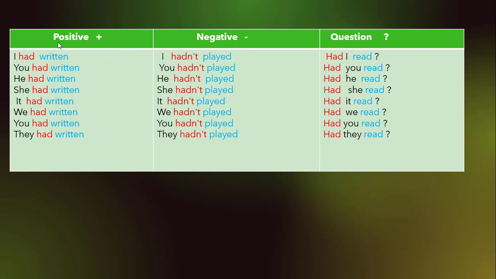For positive form we have I had written. Look here, we have had plus the past participle of the verb, which is written. I had written, you had written, he had written, she had written, it had written, we had written, you had written, they had written.